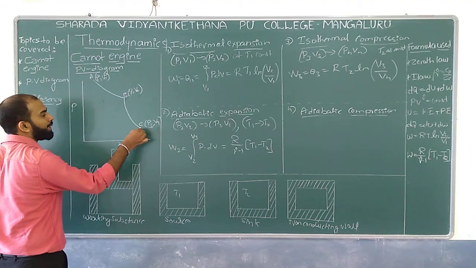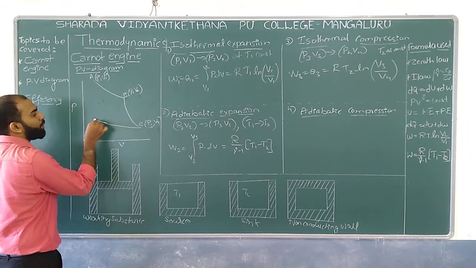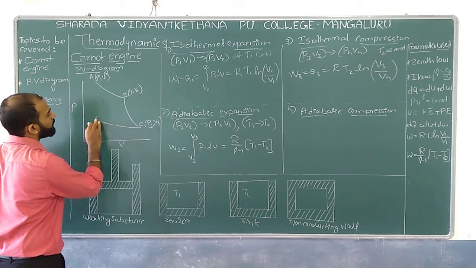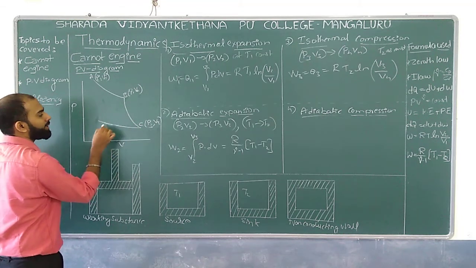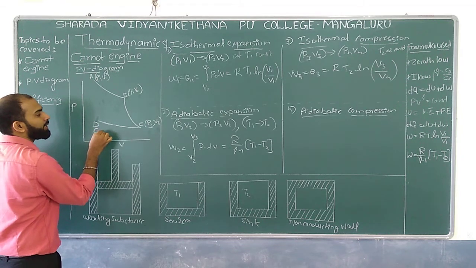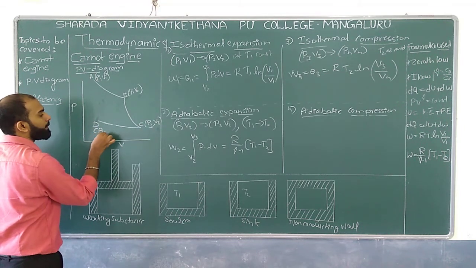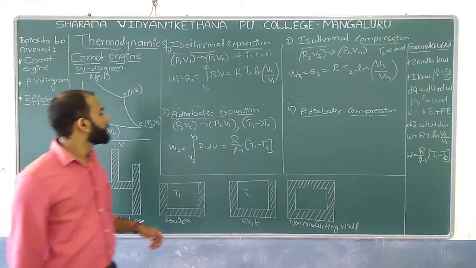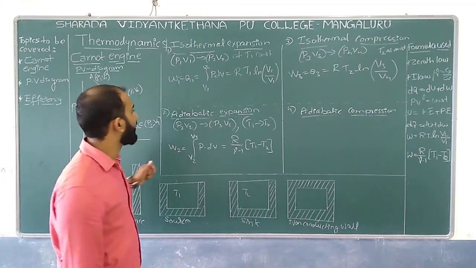Since it is an isothermal curve, I can expect something like this. Understood? Okay. So this is the point D, I can say, that is P3 to P4 and V3 to V4. Well, so this is what exactly I can have.